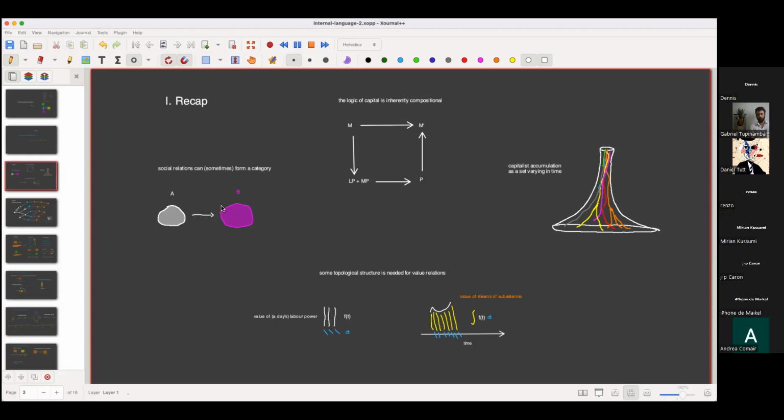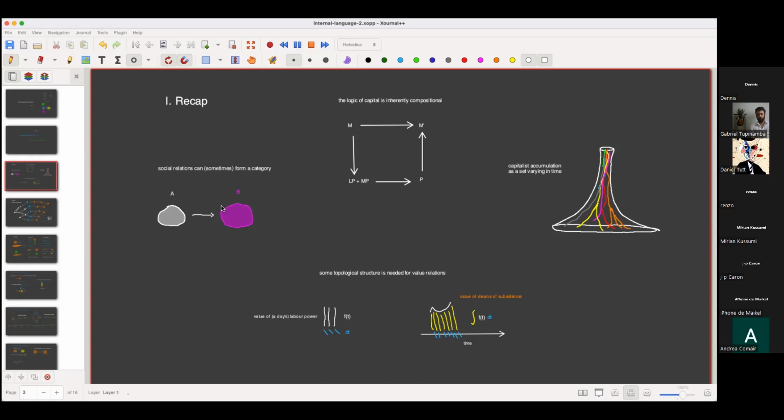And then the other thing about category theory, the reason we want to use category theory, is that it is the best tool for understanding composition. So this idea that a single social formation is not only an individual thing, it's composed of many other social bodies. And those social bodies are composed of other social bodies.